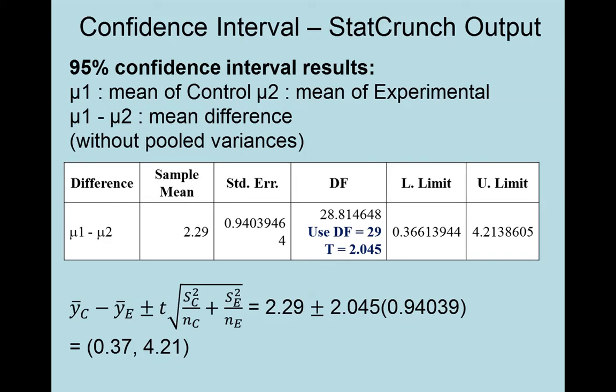Now when you do the difference in the y bars, you get what's listed under sample mean in the table, so that's your 2.29. Add and subtract your critical point, 2.045, times the standard error, 0.94039, and I just stopped at that level. If you do the calculation and round it off to about the hundredths digit, you get about 0.37 to 4.21 minutes for your interval.